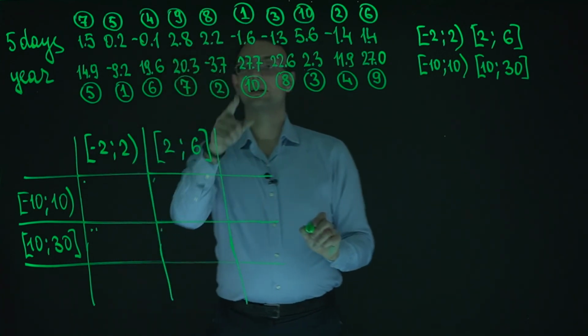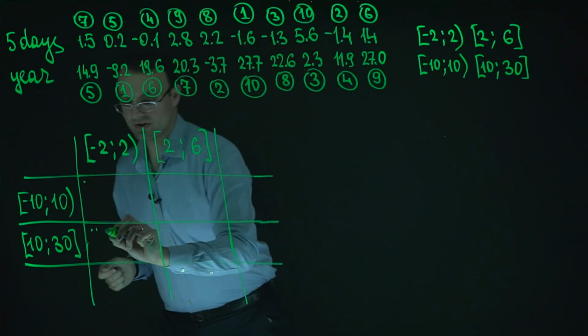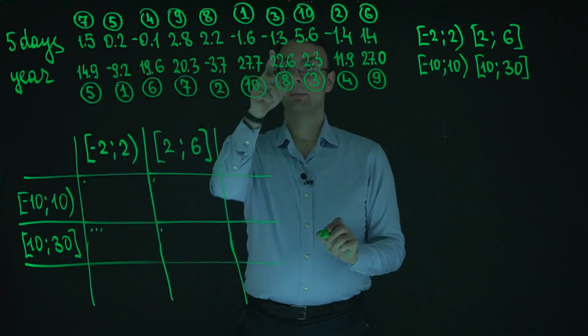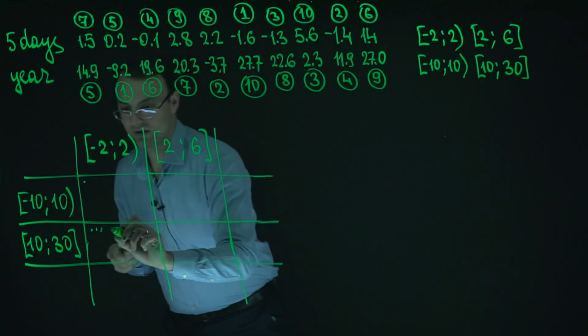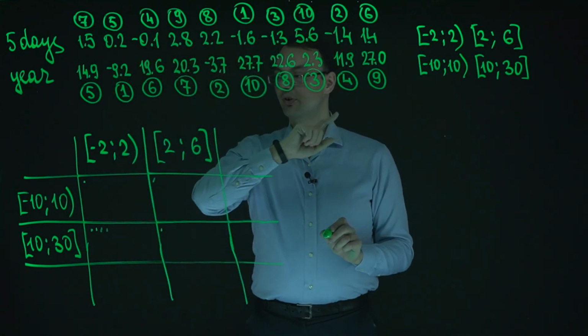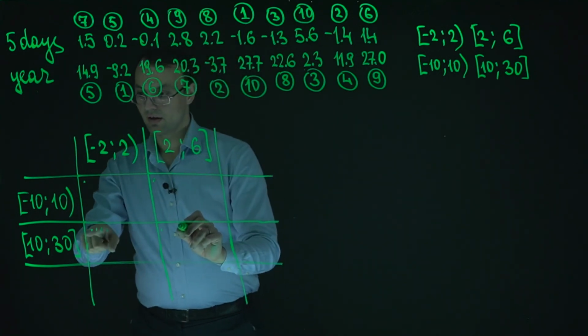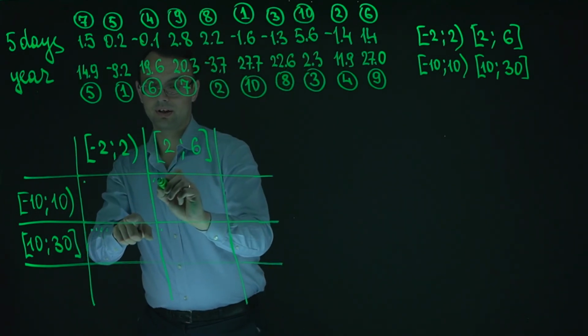Then minus 1.6, 27.7 here. Then minus 1.3, 22.6 here. Then 5.6, 2.3 here.